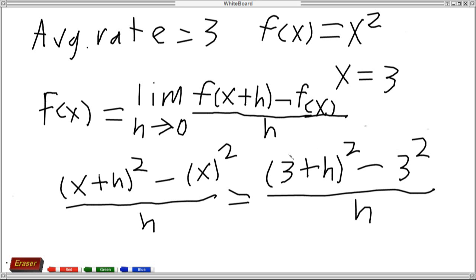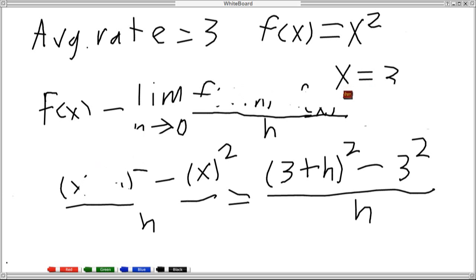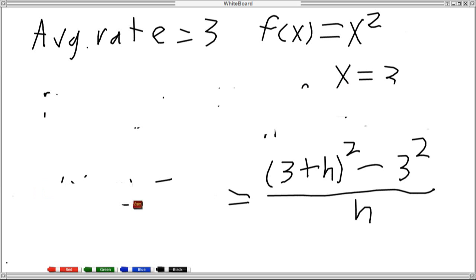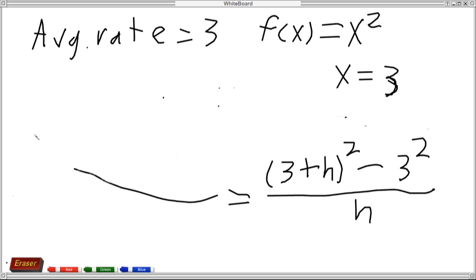Now that we got this, let me simplify it.